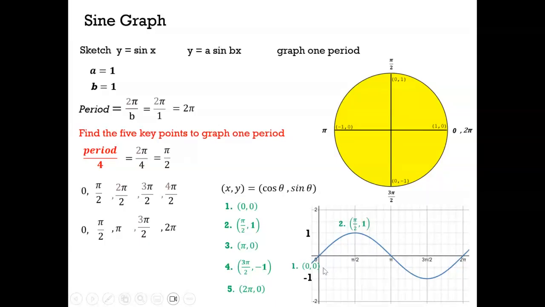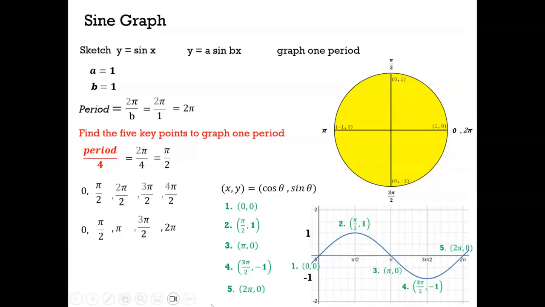The next one will be pi, 0. That's my third point. And my fourth point will be the minimum, which will be 3 pi over 2, -1. And my last point, the 2 pi, will be 2 pi, 0. You see, guys, that's how we sketch the sine wave.